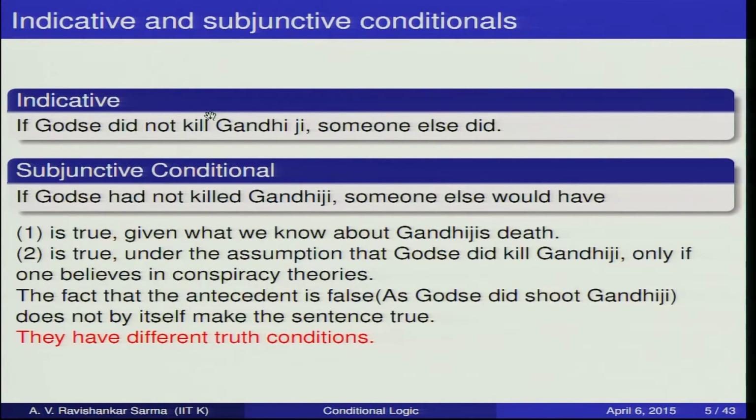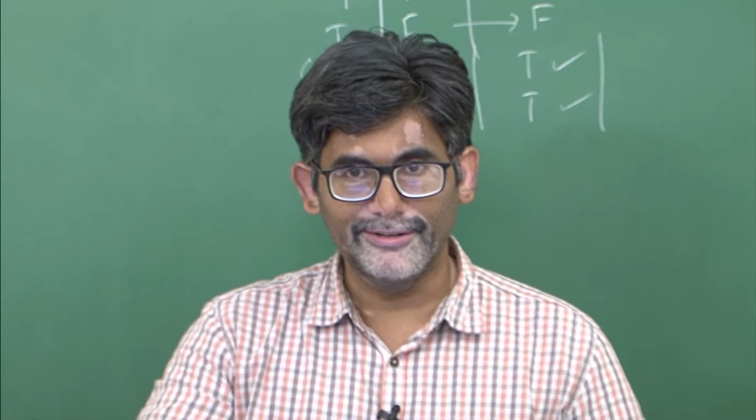When philosophers are asked to talk about the truth conditions for these two conditional sentences, there are various points of view. Some philosophers are of the view that indicative and subjunctive conditionals have different truth conditions. It is a highly debatable issue whether they have the same or different truth conditions. That we will postpone for a while.